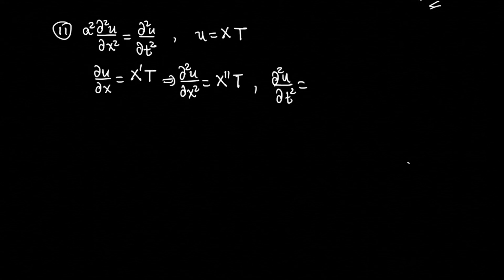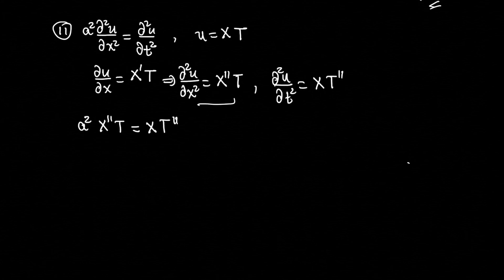We end up with x times t twice, because x is a constant in this case. Okay, just sub into the equation. You have a squared, the first term is just this. You sub by x equal to the second term x, like that.